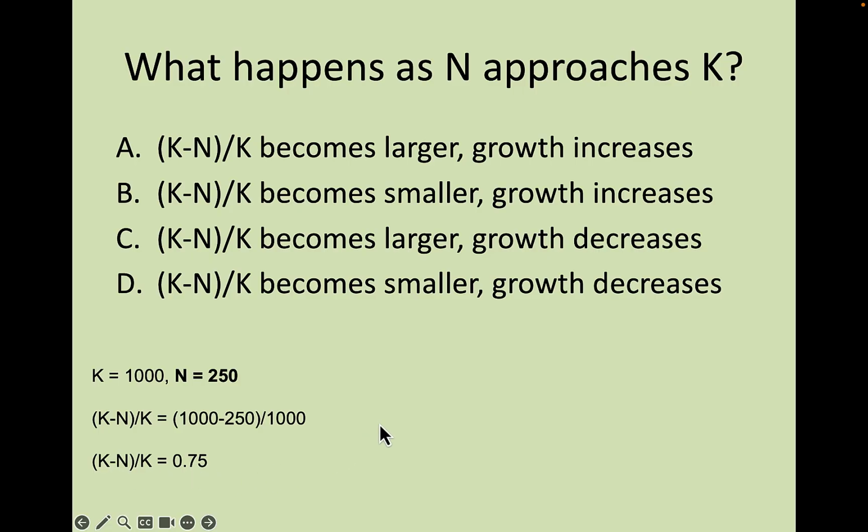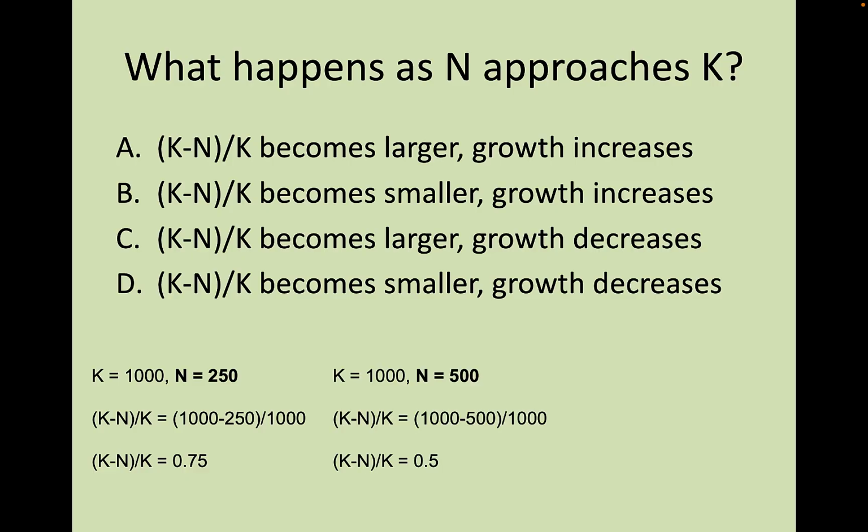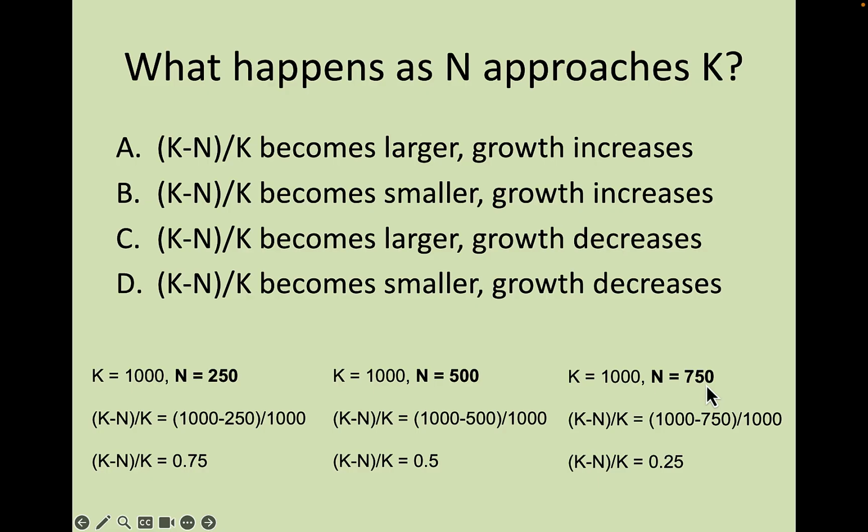We know that if we have N of 500, so now we're getting bigger, we get a K minus N over K equal to 0.5. Now, as we approach K and we get an N value of 750, if we calculate K minus N over K, we have a K minus N over K term now of 0.25.